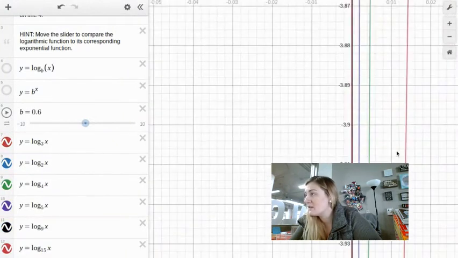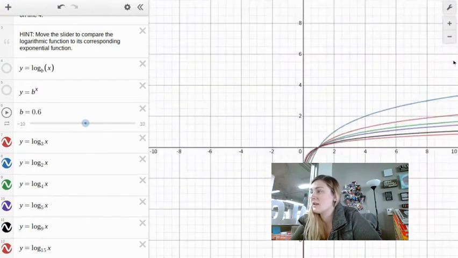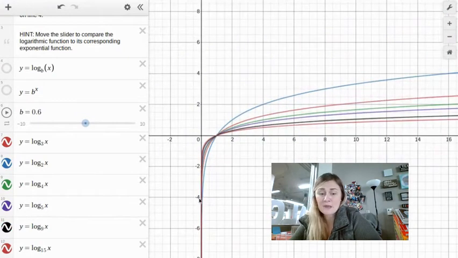So that's key. We also can see that our range is going up and down. So my y values, my range, is all real numbers. So those are all some things that we know about logarithms.